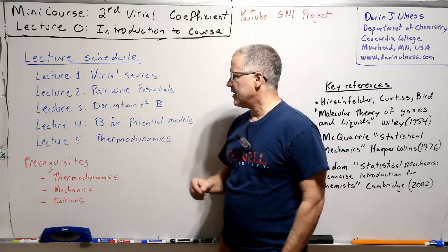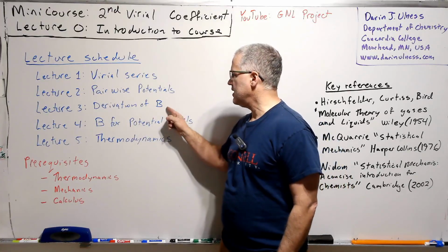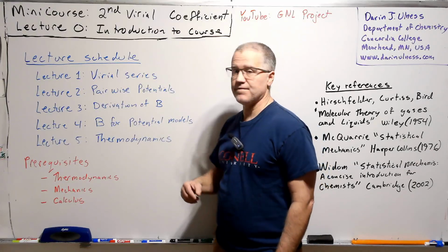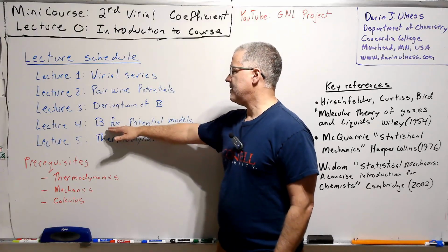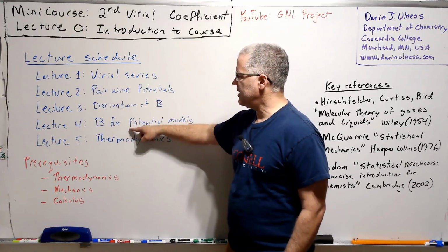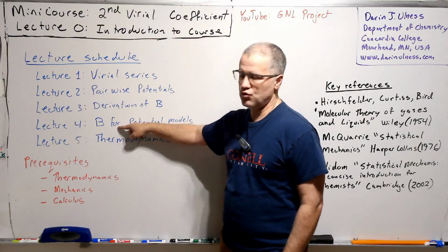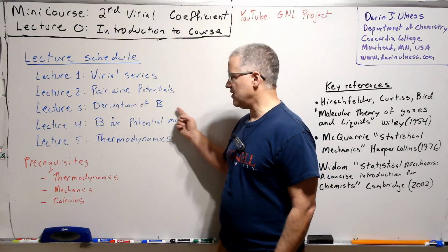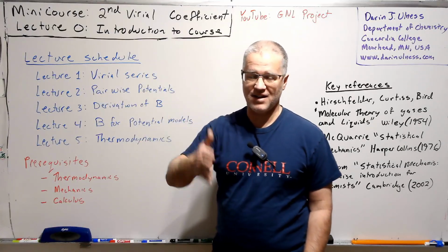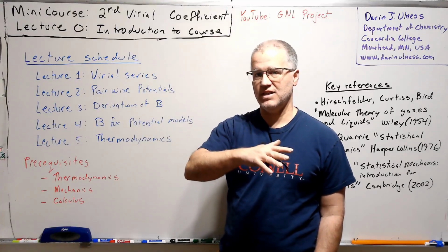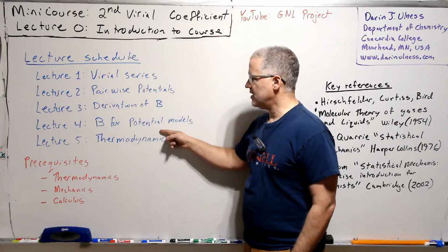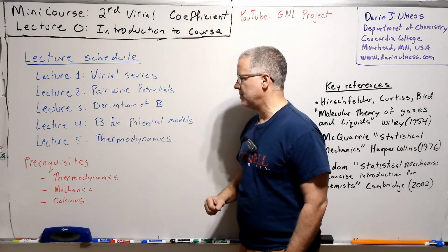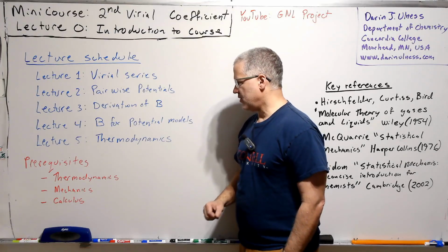Then we're going to carefully derive the second virial coefficient from statistical mechanics, and then we will apply the pairwise potentials to the second virial coefficient here in lecture 4. This is going to be kind of a long lecture. We're going to catalog all of these and get the expression for B for all of the various potential models.